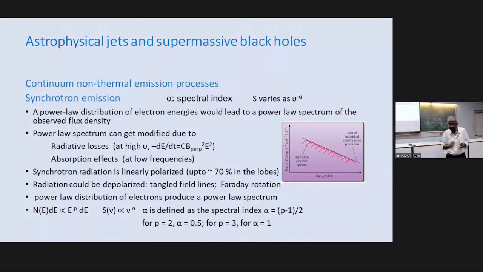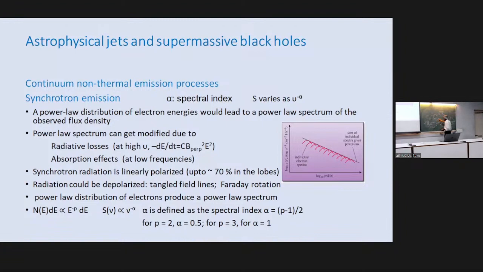Okay. The other signature of synchrotron emission is that it is polarized. If the magnetic field is very uniform, you can get very high degrees of polarization, 70-80% or so. And you often see that kind of degree of polarization in the lobes of large radio sources. So polarization and the power-law spectrum become a diagnostic for identifying lobes or jets of synchrotron emission.